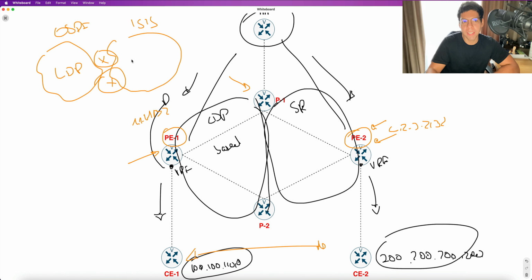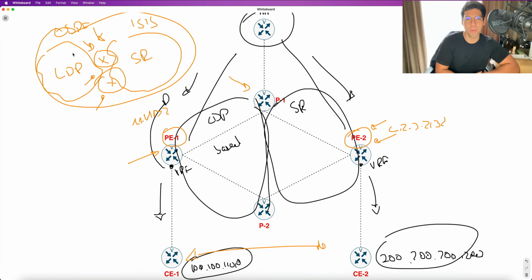This one talks LDP, this one talks segment routing. This scenario might happen, and here the mapping server has to be in the middle as a transit, as an inline route reflector, as we commonly call it in segment routing networks. And in that case, you need to configure the mapping server over here as well. There are specific design things that we will talk about potentially in the next video.